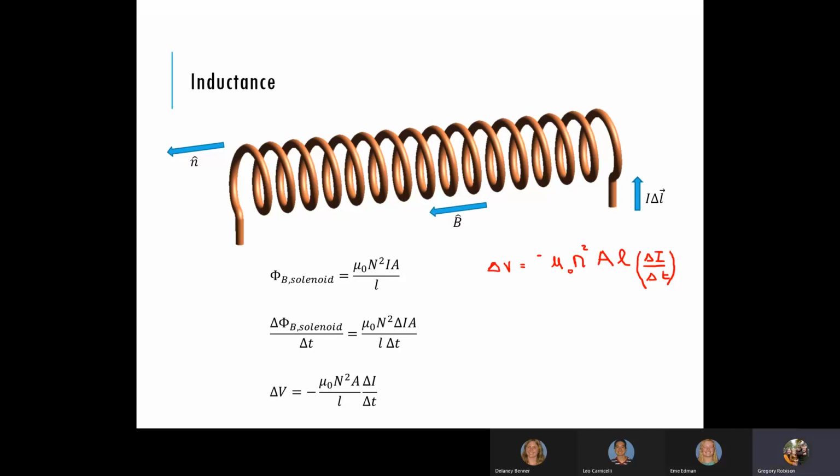This quantity right here, that depends only on the geometry of the solenoid, is defined as the inductance. This quantity right here, mu naught n squared A over L, is what we refer to as the inductance. So, yeah, say L is defined as this.